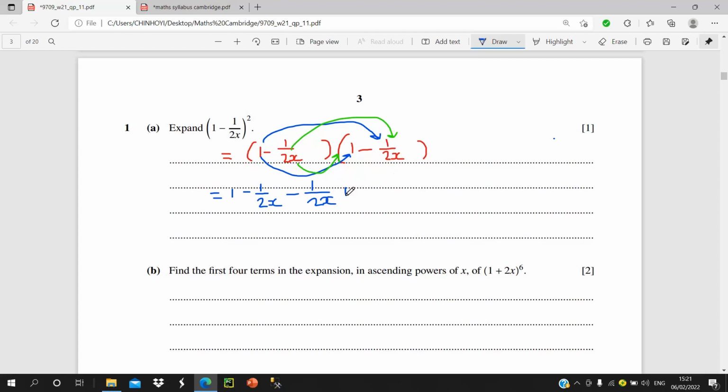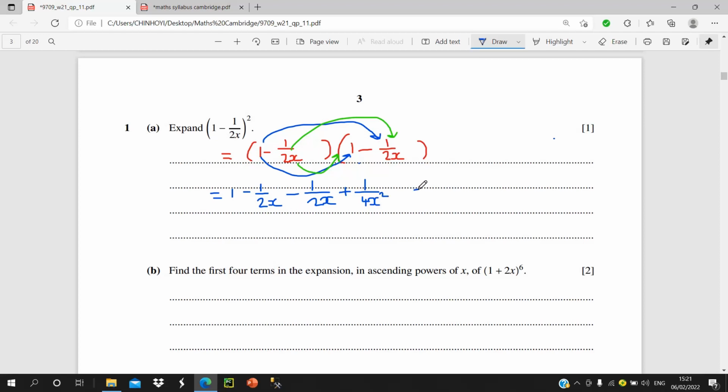Please remember, you get a positive 1 over 4x squared, because here we have 2x in the denominator and 2x in the denominator. So 2x times 2x, you get 4x squared.